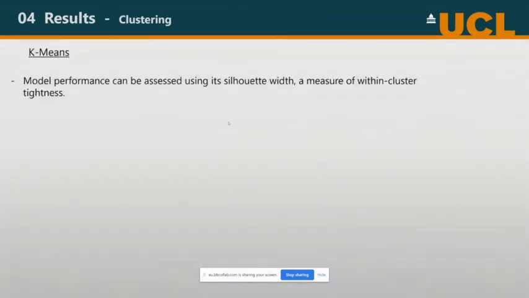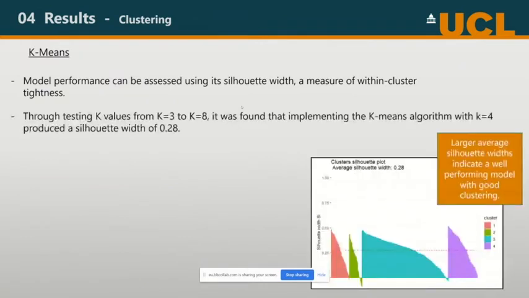And on to clustering. For k-means, the model performance was assessed using its silhouette width, a measure of within cluster tightness. Through testing k-values, the number of classes between 3 and 8, we found that implementing a k-means algorithm with a k of 4 produced the best average silhouette width, of 0.28.